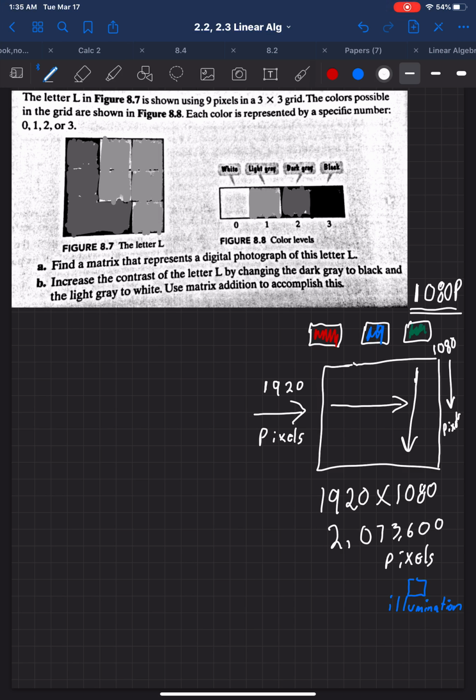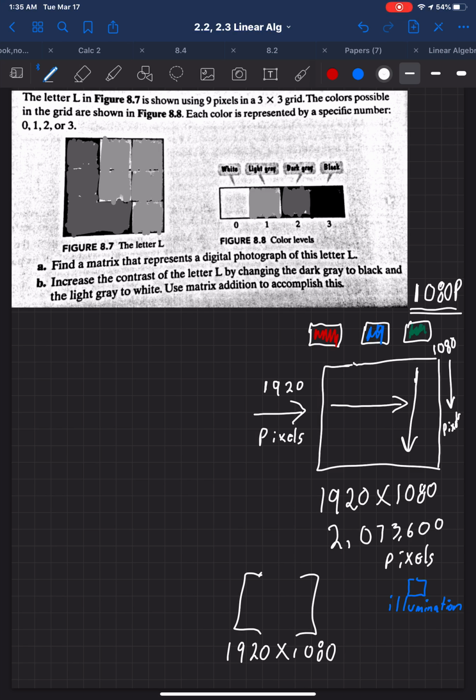Well, I think you've already seen from my example of how to interpret 1080p that it is really just a large matrix, a 1920 rows by 1,080 columns.